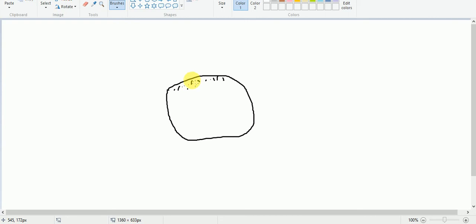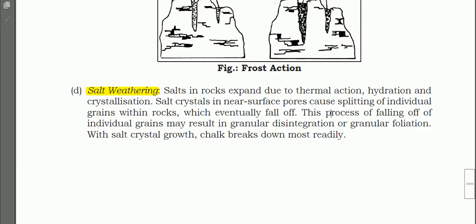Because of the expansion of the salt crystals, this rock will break down into smaller pieces, grain by grain. That is known as granular disintegration.